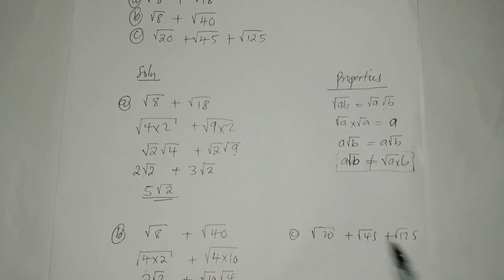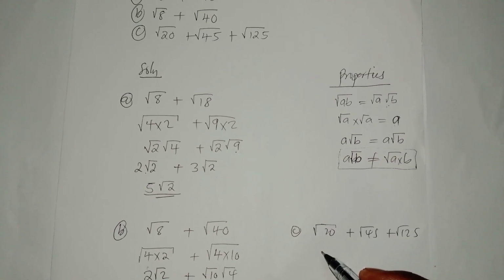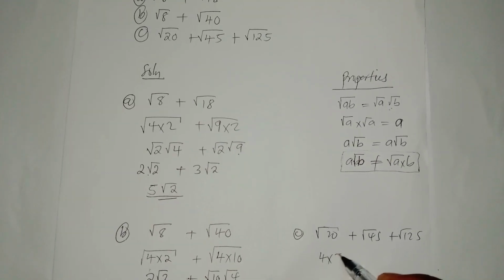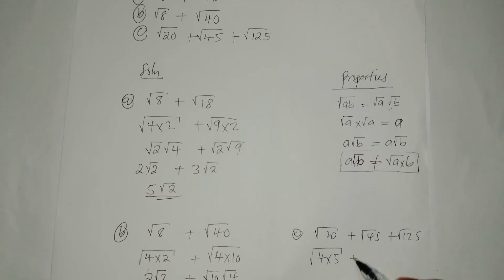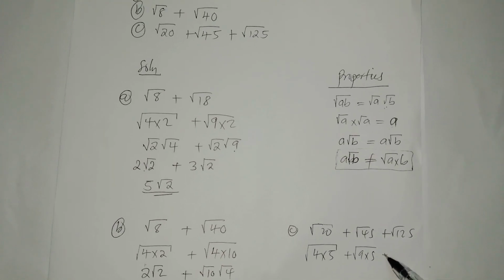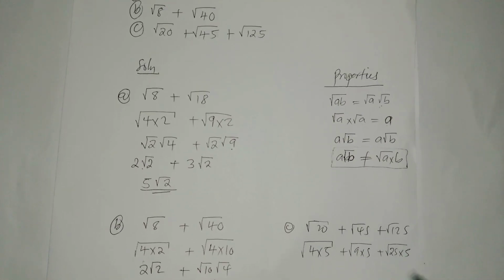Root of 20 we can say is 4 times 5. Then 9 times 5 gives us 45, and 25 times 5 gives 125.